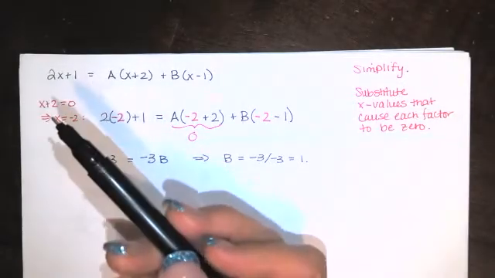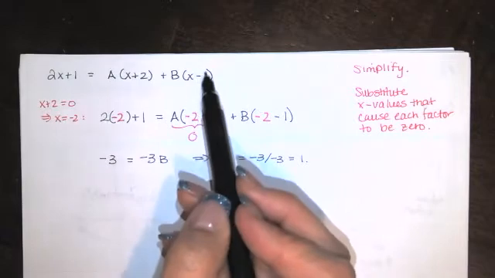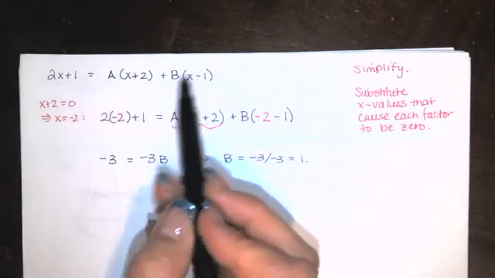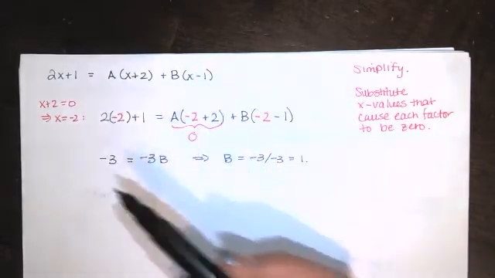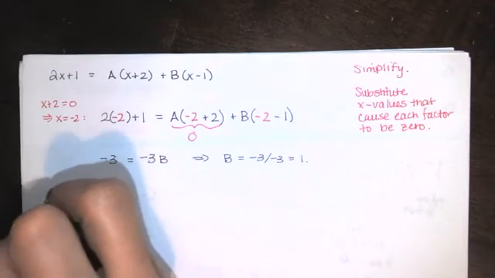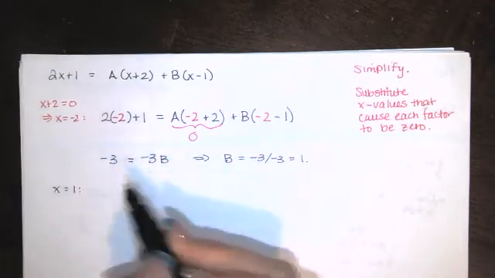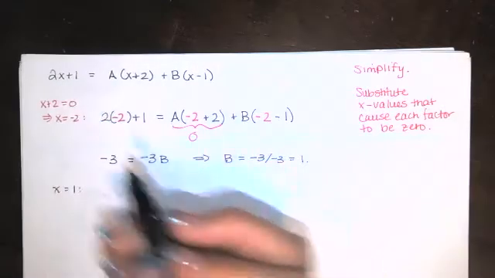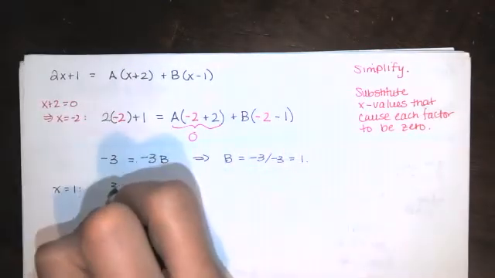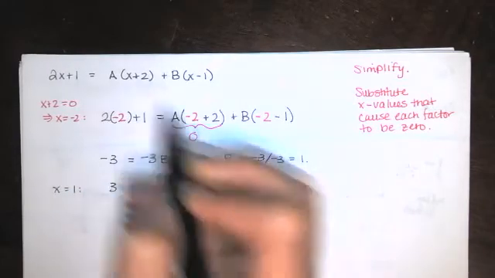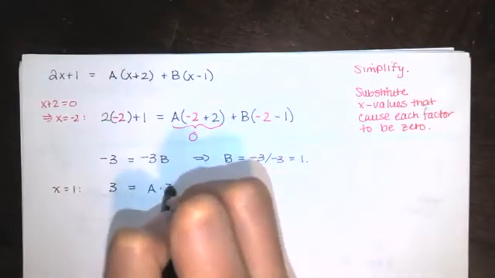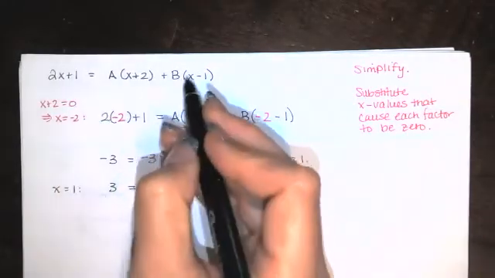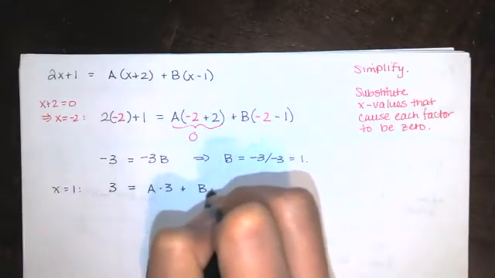Now to cause this factor to be 0, we would substitute x equals 1, because x minus 1 equals 0 when x is equal to 1. So when I substitute x equals 1 here, I have 2 times 1 plus 1, so that's 2 plus 1, which is 3, equals a times 1 plus 2, which is 3, plus b times 1 minus 1, which is 0.